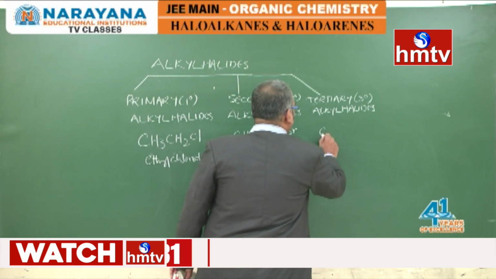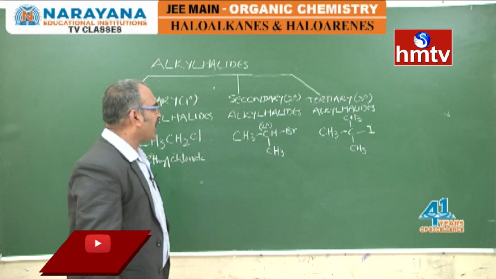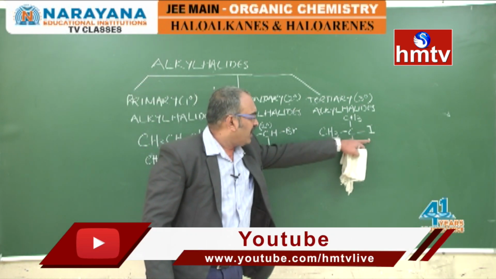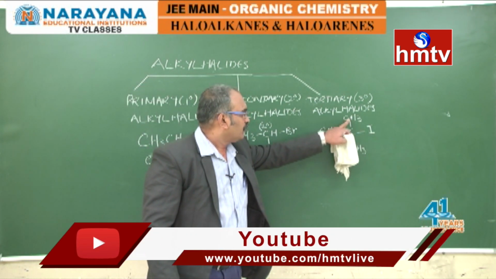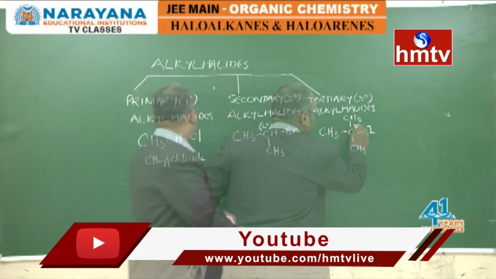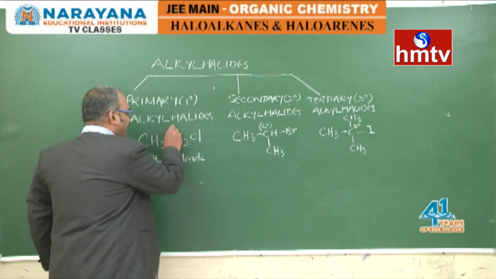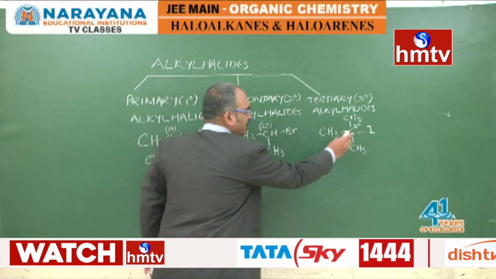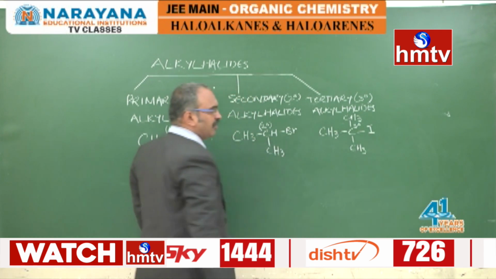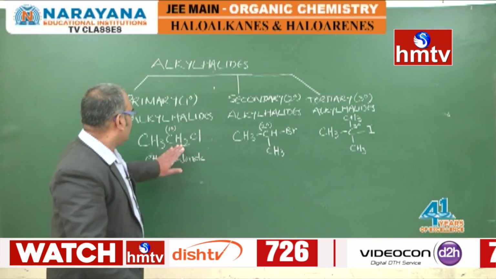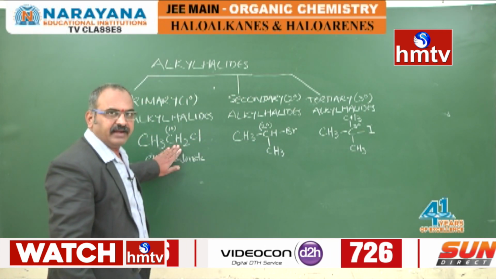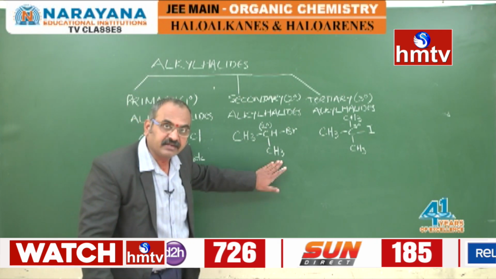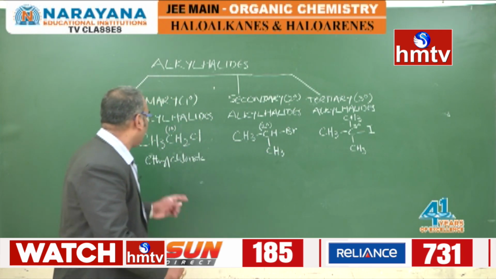Tertiary alkyl halide: tertiary butyl iodide, where the iodine is attached to a tertiary carbon atom. Here the halogen is attached to a primary carbon, here to a secondary carbon, here to a tertiary carbon. That's why this is a primary alkyl halide, this is a secondary alkyl halide, this is a tertiary alkyl halide.